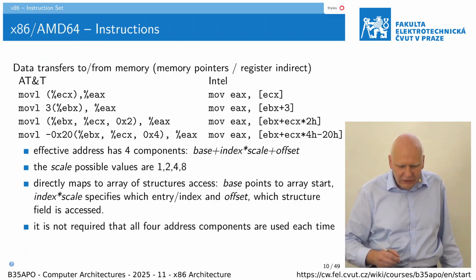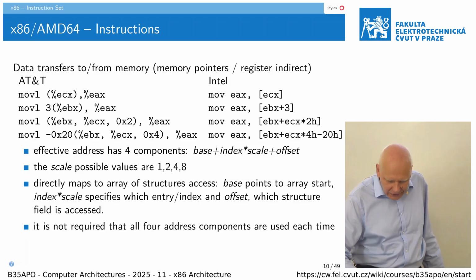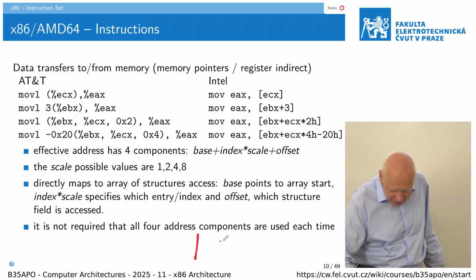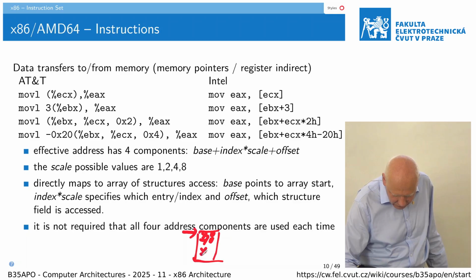So if you have, for example, an array of points, then you have some array where there is the start of the array, x, y for point 0, x, y for point 1, and so on.